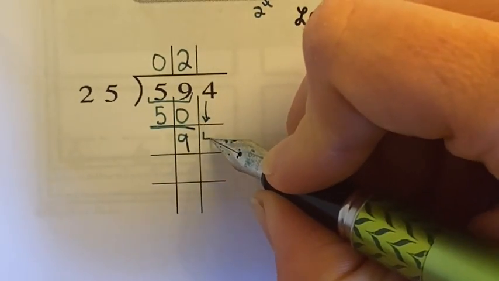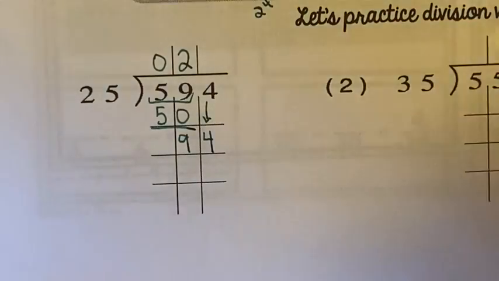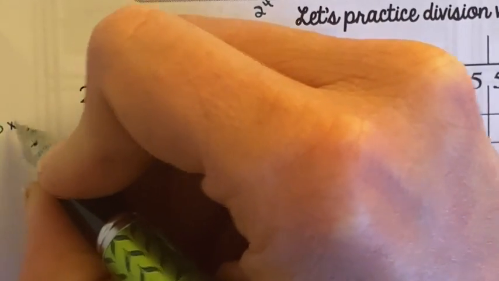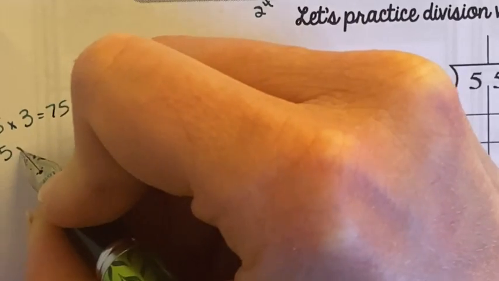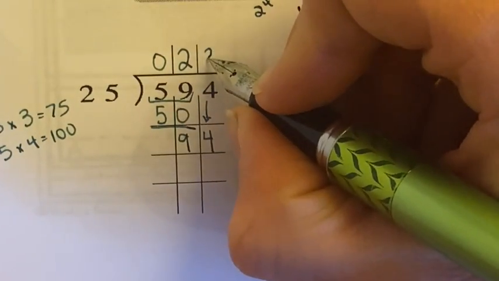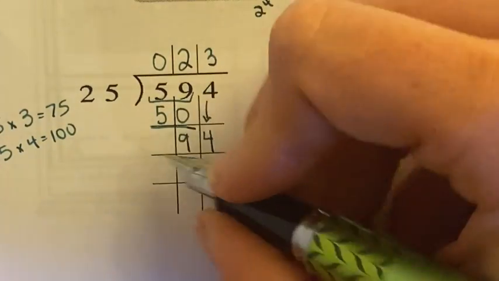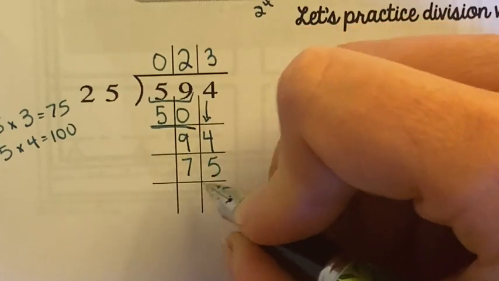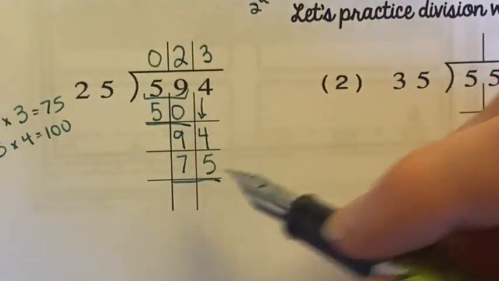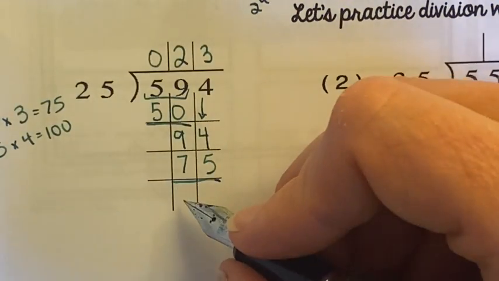But if I bring down this 4, it goes into 94. 25 times 3 is 75. 25 times 4 is 100. So it divides 3 times. 25 times 3 is 75. And now we have a remainder. So my remainder, 94 subtract 75 is 19.